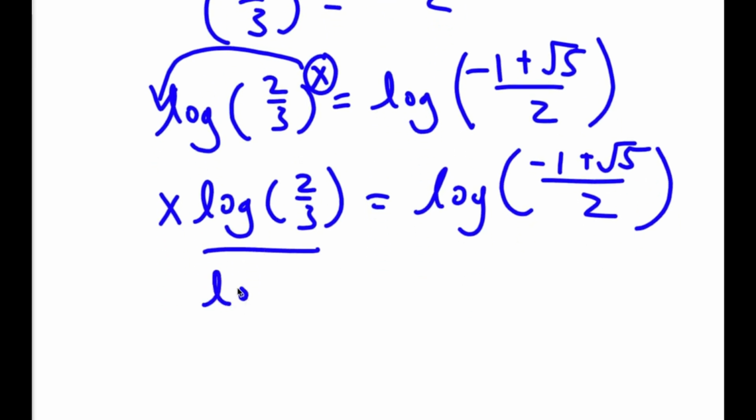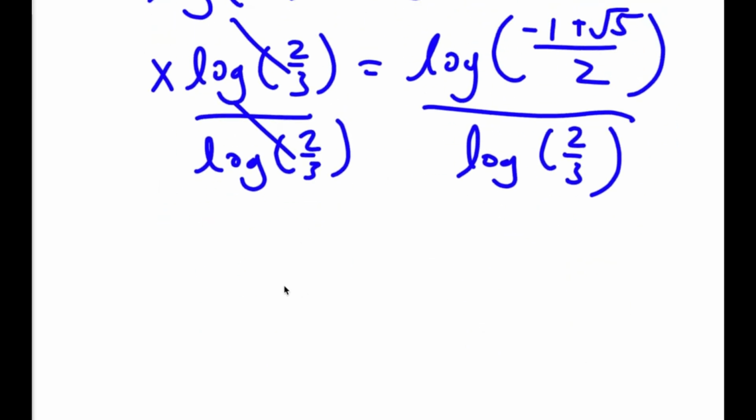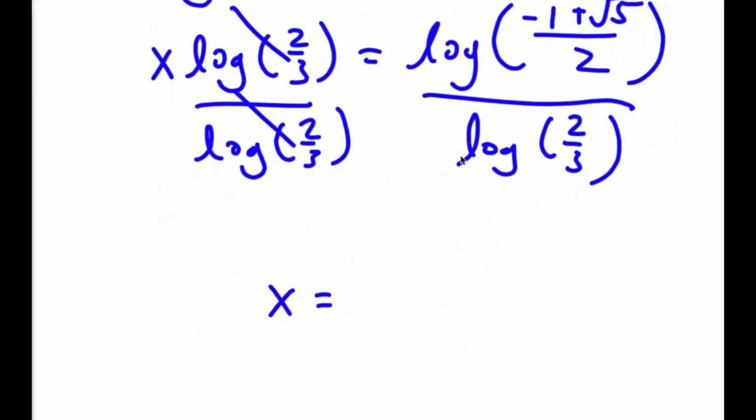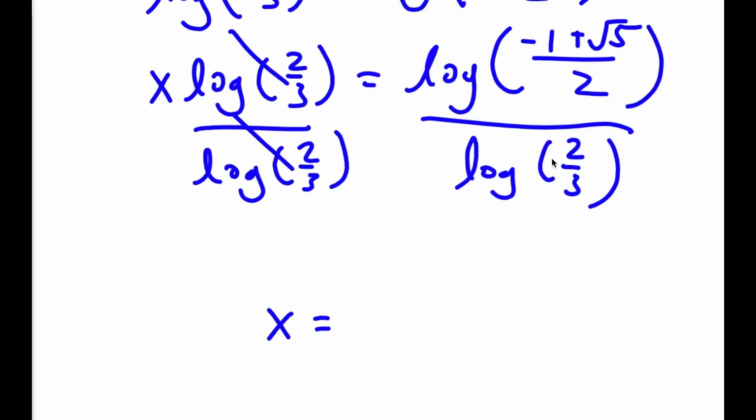Now I can divide both sides by log of 2/3. So then these two cancel out, and I would have x is equal to log of (-1 plus square root of 5)/2 over log of 2/3, which is equal to approximately 0.87.